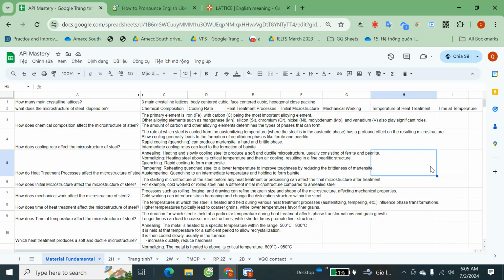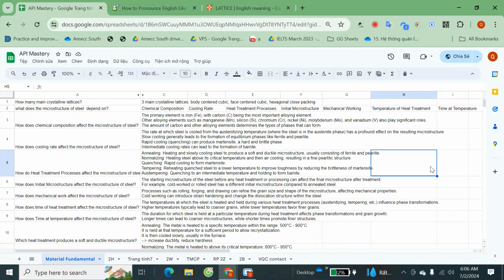Well, the rate at which steel is cooled from the austenitizing temperature, where the steel is in the austenite phase, has a profound effect on the resulting microstructure.